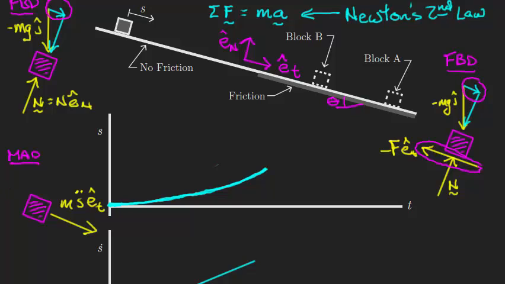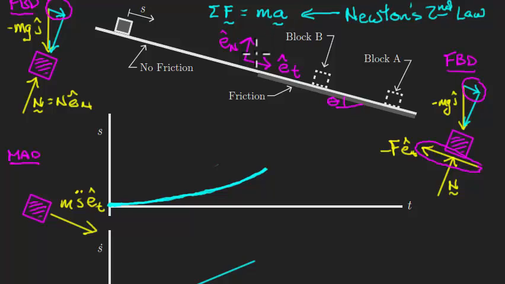Let's think about that for a second. Well, the clue for which one it is comes from the statement of the problem, right? The problem states that the block is released from rest, it keeps on sliding down, hits the friction, and by the time it reaches point A, it comes to a stop. If it comes to a stop down here, that means the velocity should be decreasing in that friction zone, right?